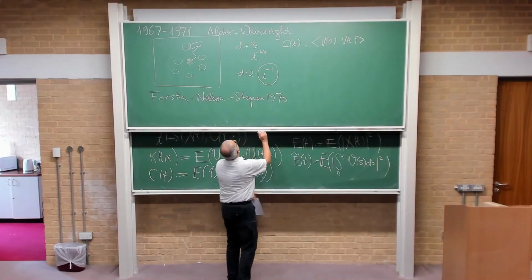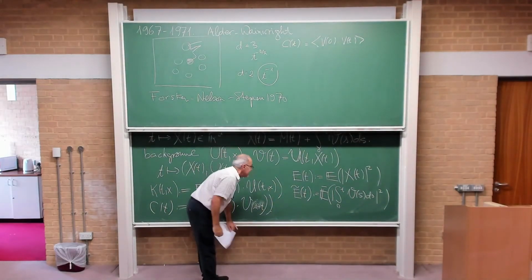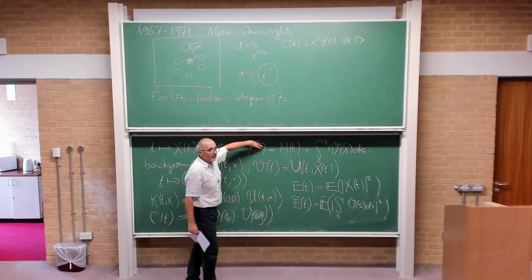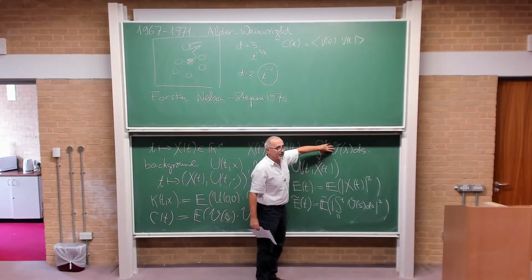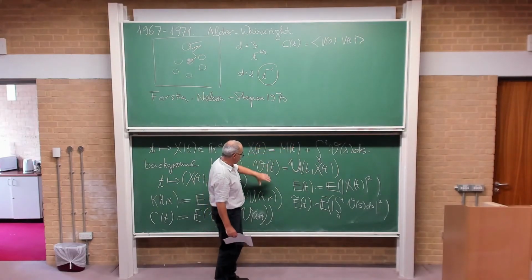So I still have my martingale decomposition here. So E is the variance of this guy, and E tilde is the variance of that guy. And I'm shooting for superdiffusivity. Now I didn't say, but this is an L2 martingale with stationary increments. So certainly this behaves diffusively.